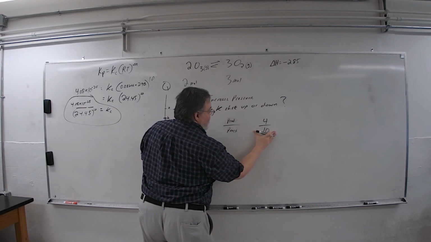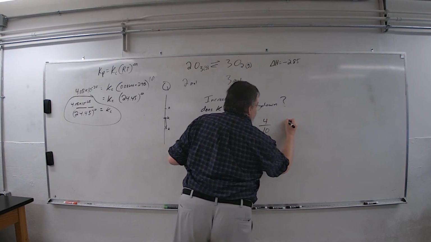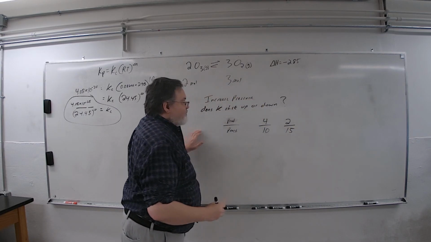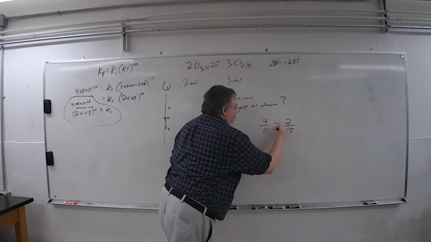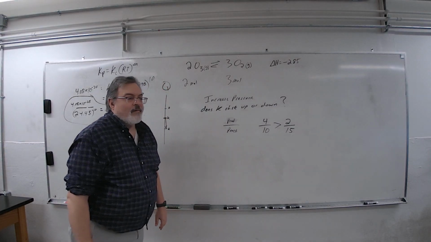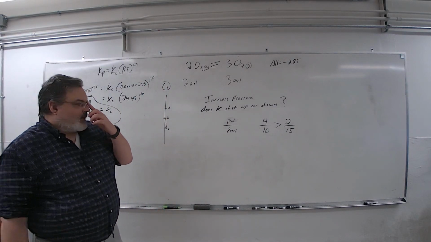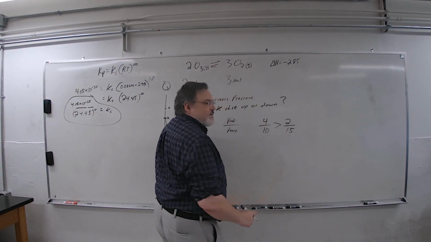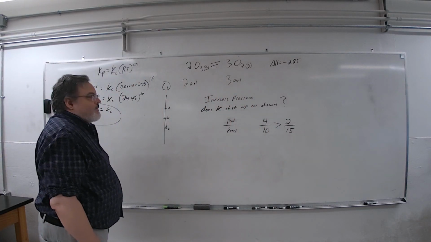If I want this to get bigger and this to get smaller, let's say that turns into a 2 and that turns into 15. This is smaller than that. So when you increase pressure, K goes down.